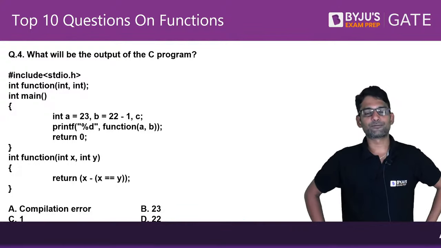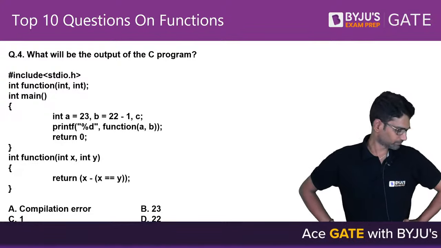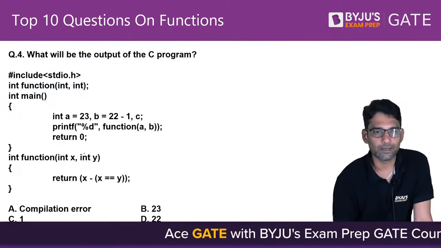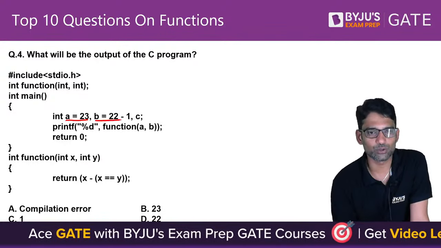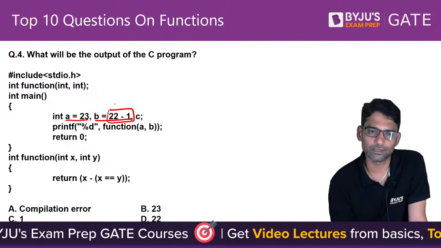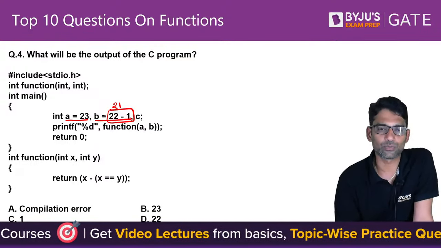What is your answer for question number 4? A value 23, B value 22 minus 1, it will be evaluated because it is not a macro. So 21.